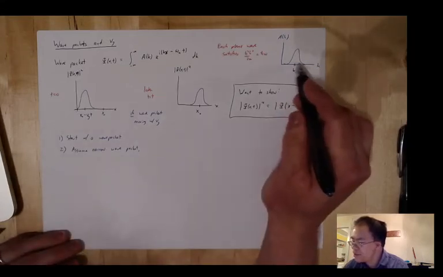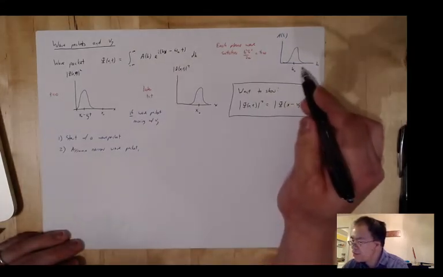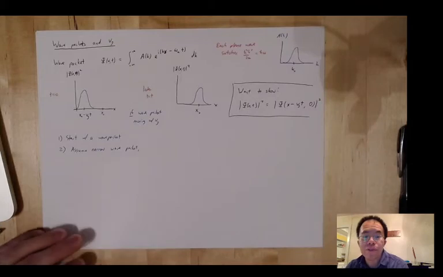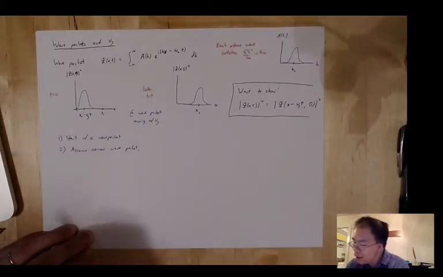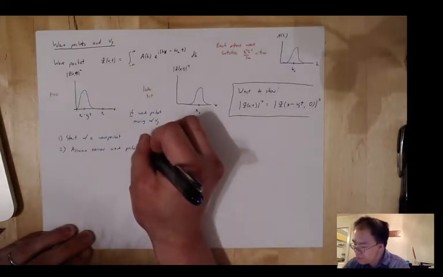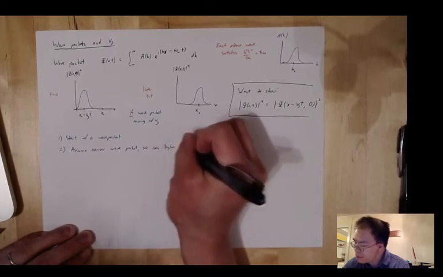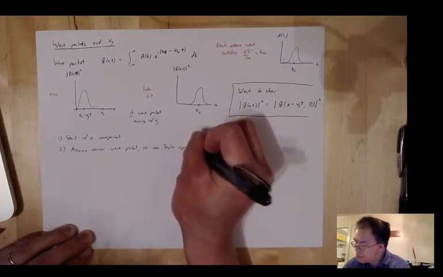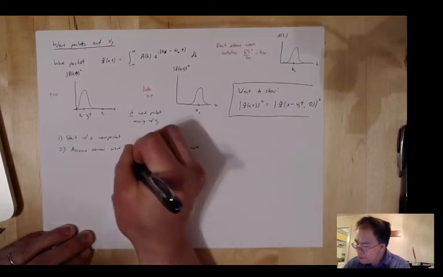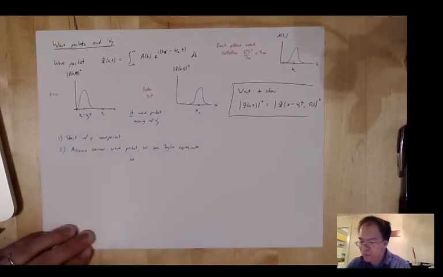If this integral only has support over a fairly narrow range of wave numbers, we can Taylor approximate the dispersion relation.